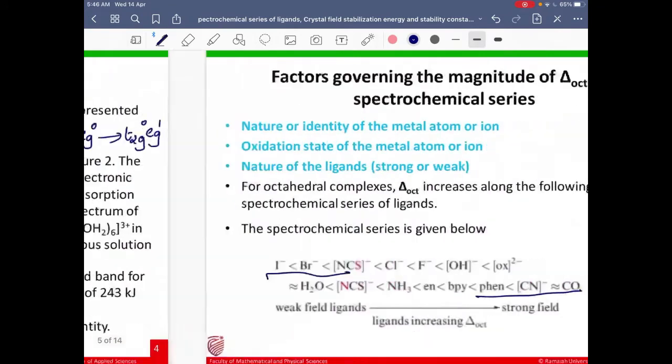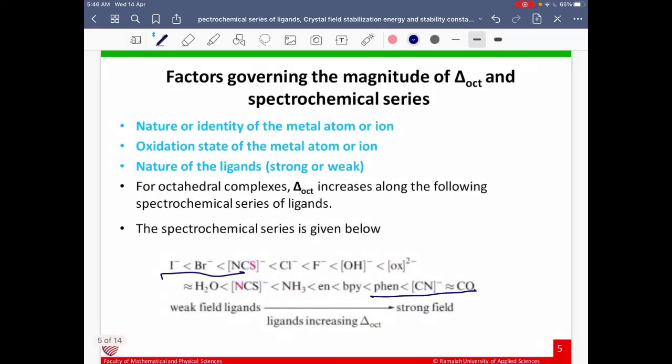One more important point to discuss before the next topic. Here you see the same ligand has two different positions in the spectrochemical series. The reason is that we studied about ambidentate ligands in the previous video lecture. Here you see the NCS minus ion.